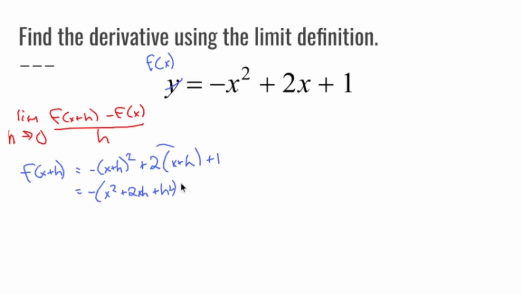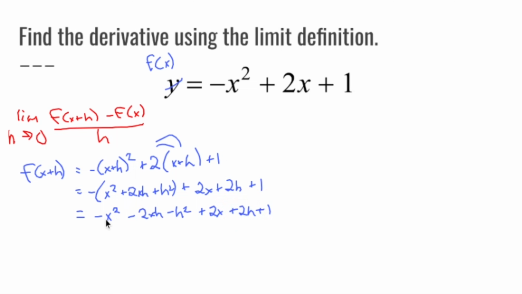This is the distributive property, so plus 2x plus 2h and then plus 1. Distribute this negative: negative x squared minus 2xh minus h squared plus 2x plus 2h plus 1.